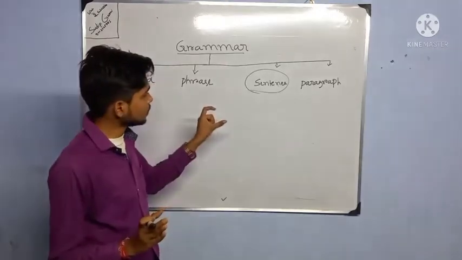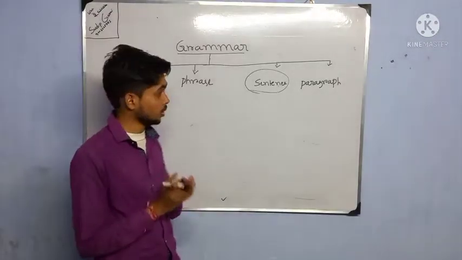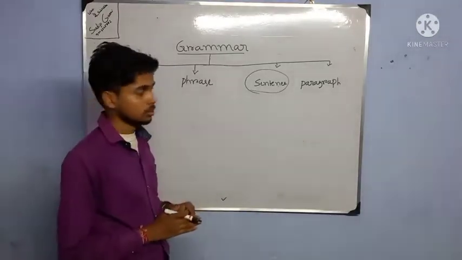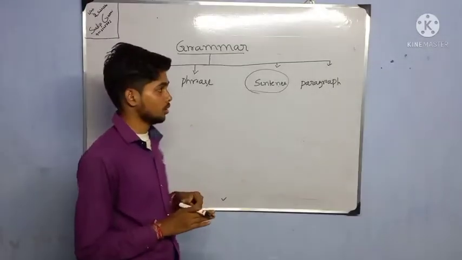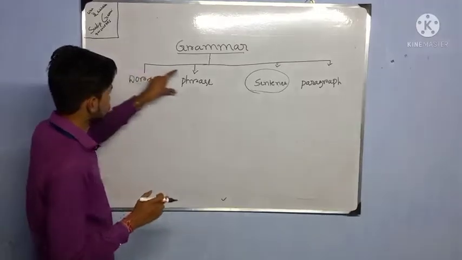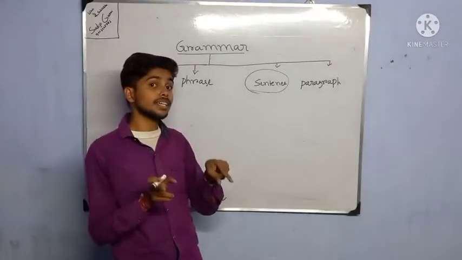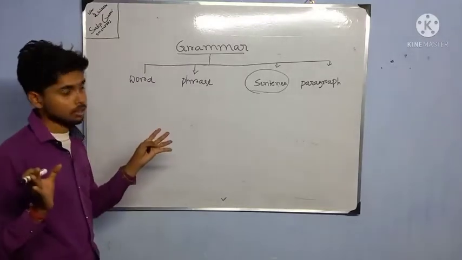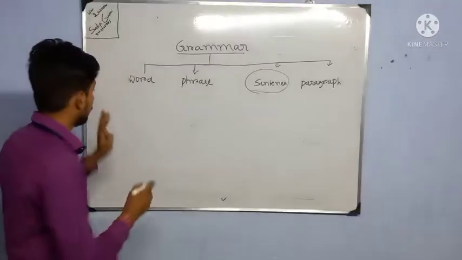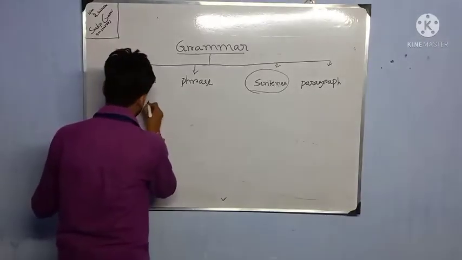So sentence is really very important. But to know sentence, word and phrase are really important. It means words and phrases are directly and indirectly linked with sentence. So my dear students, my first topic is: what is the meaning of word?